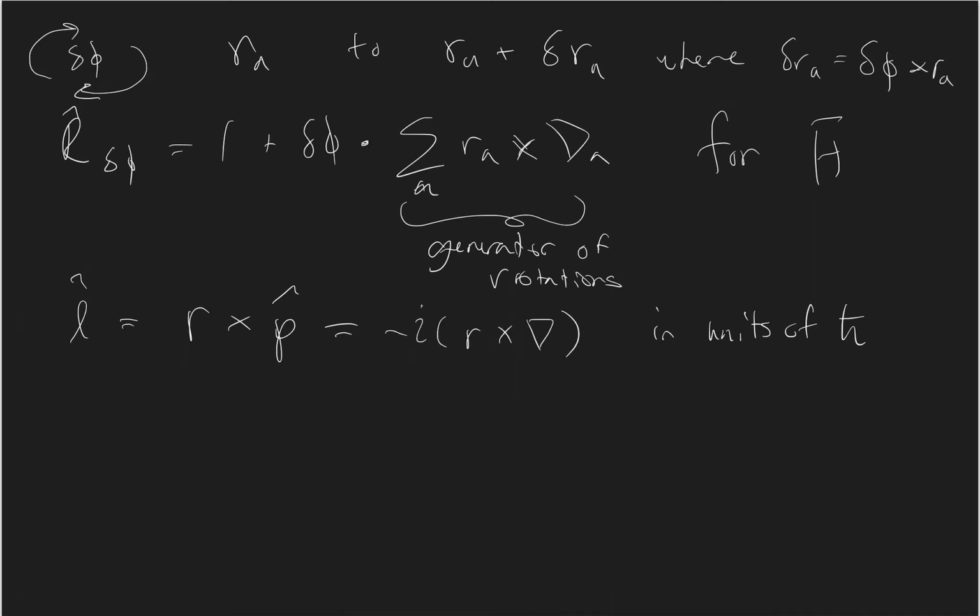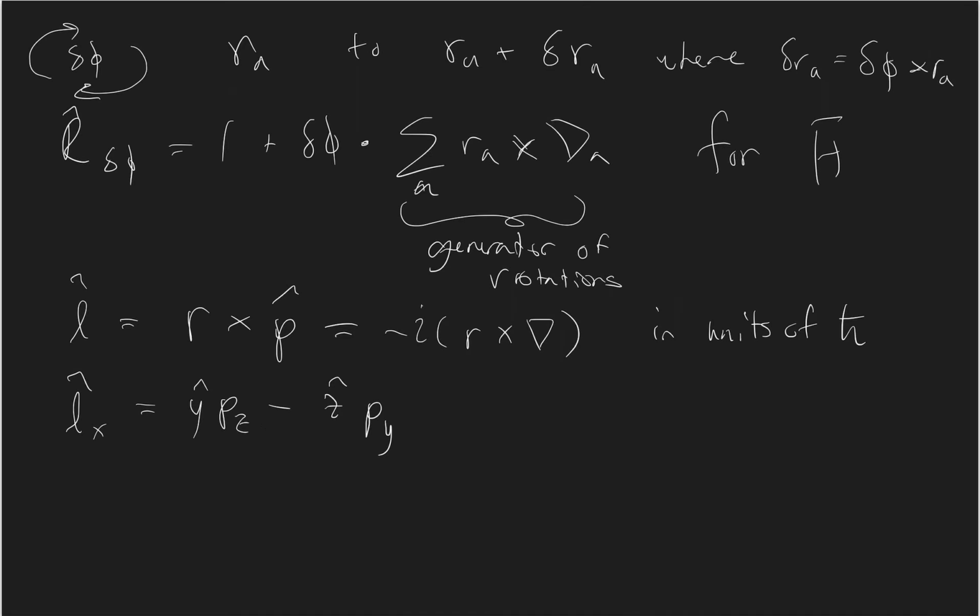So in our Cartesian coordinates, let's just restrict ourselves to this. We have L sub x will be y hat times pz minus the z hat operator acting on the py. So we're switching kind of the indices here. You have this crisscross between the y and the z's.